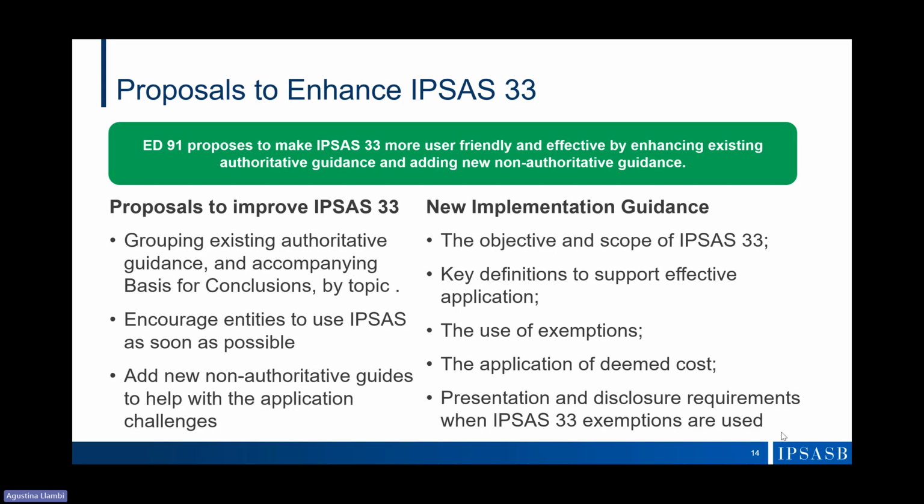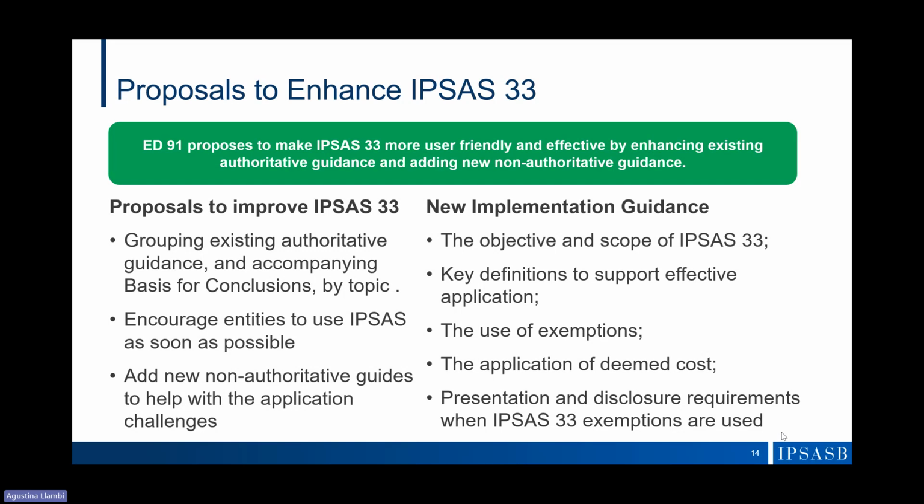And the expectation is that you're applying IPSAS 33 when you know you will be able to comply with IPSAS fully, and you're using it as a phased approach where the entity has determined a project plan and said, okay, I'm going to do IPSAS 45 in my first year of IPSAS 33, and then potentially I'm going to be applying 47 and 48 in the second year.